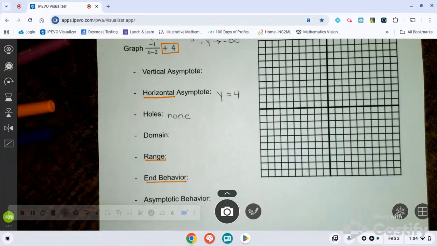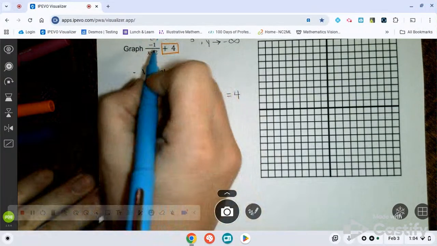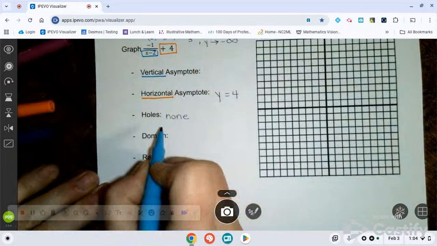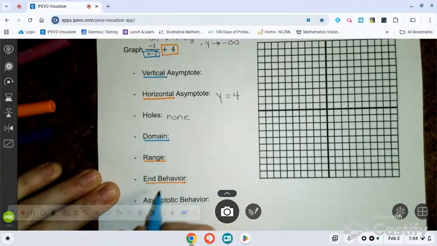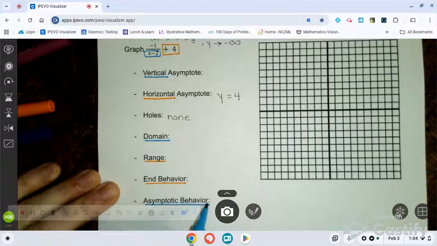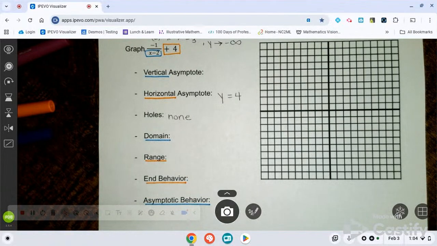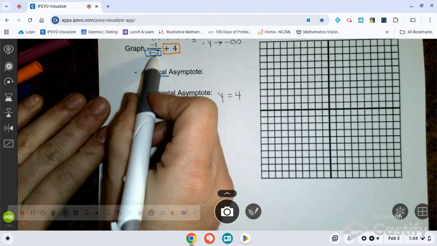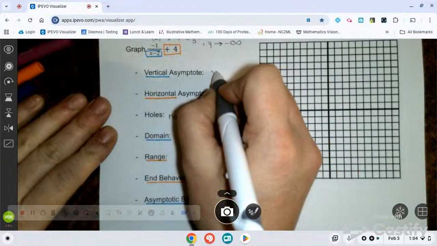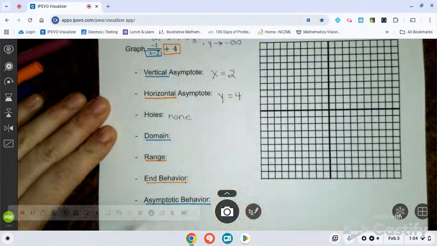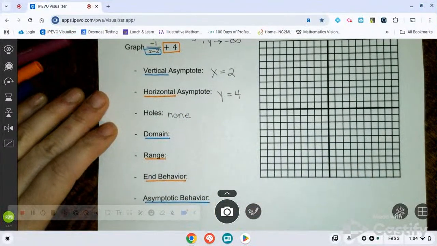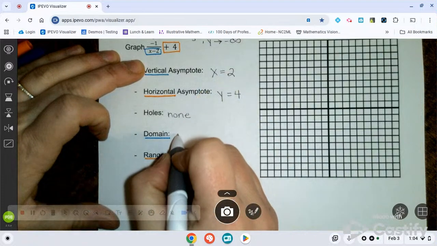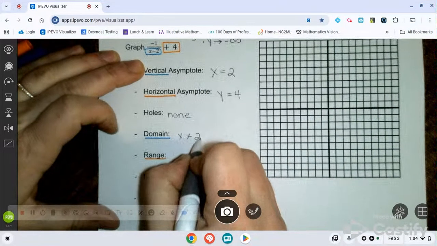And our vertical asymptote is going to come out of what's happening in the denominator. So our vertical asymptote is going to help us with our domain and our asymptotic behavior. It is the opposite of the number we see. So this is going to be x equals +2. So our domain cannot be our asymptote, so x cannot be 2.